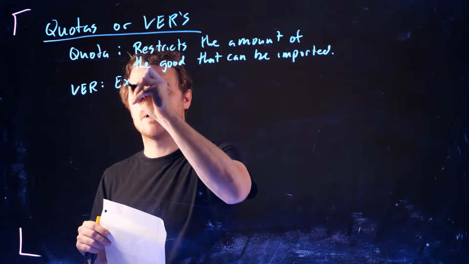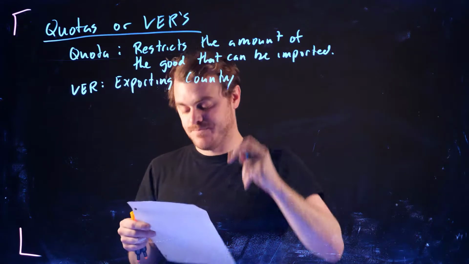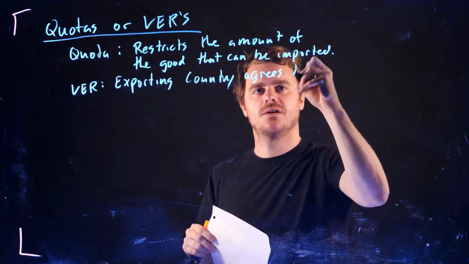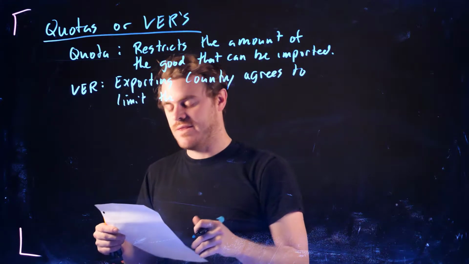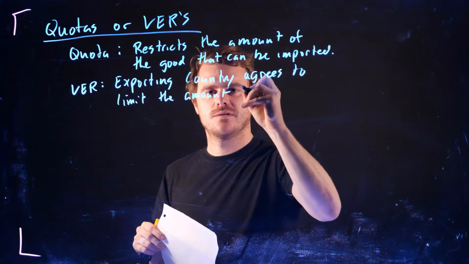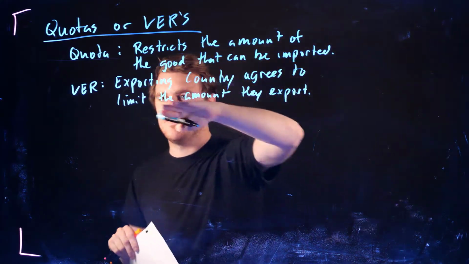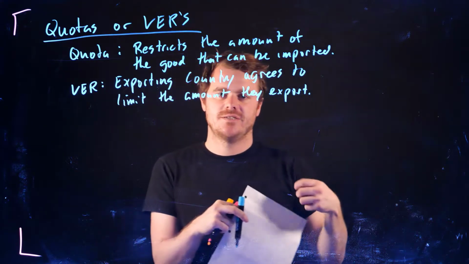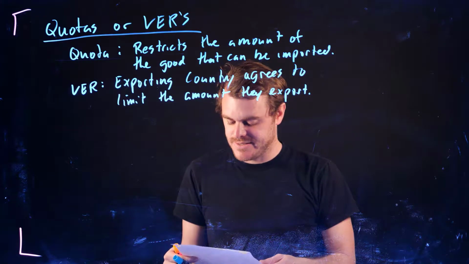This is when the exporting country agrees to limit the amount of the good that they export. You might think it's a little bit weird that a country would voluntarily do this, but this is maybe to stop something else from happening, like tariffs being put in place.